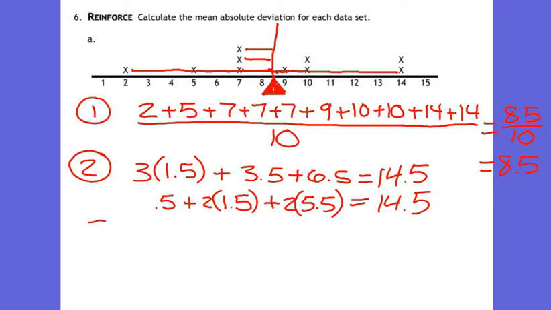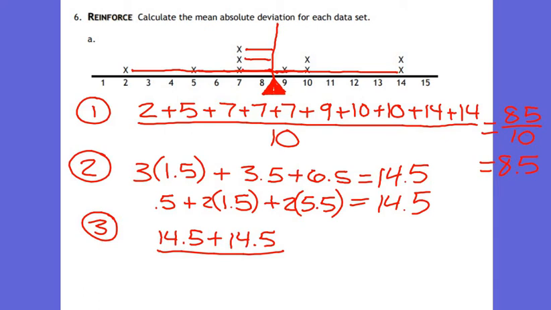Now step 3, it says to find the mean of the distances. Number 2 is where we found the distances. Mean is average. So I'm going to add up 14.5 plus 14.5. And I'm going to divide by the number of people on the seesaw.